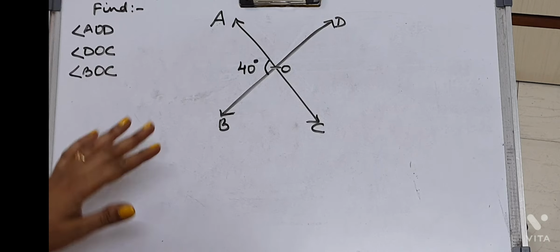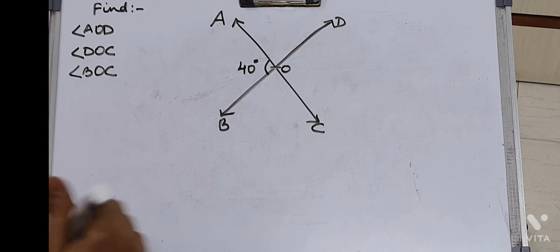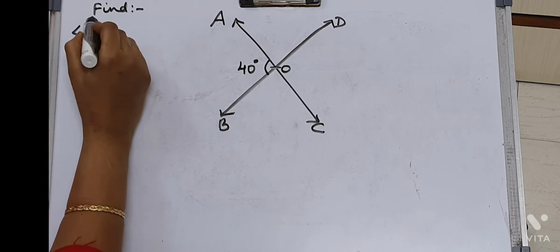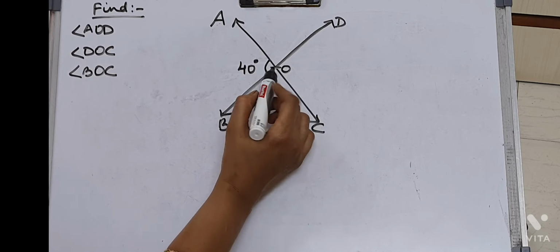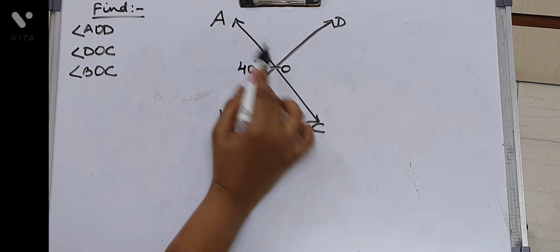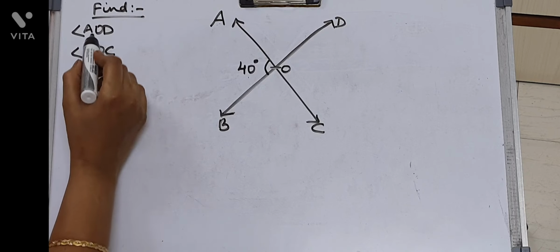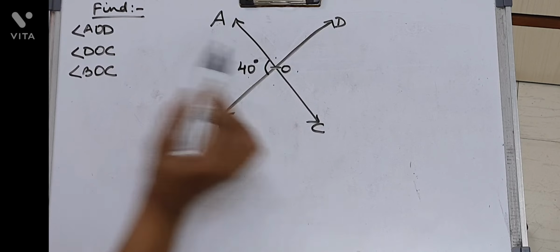Now let's start with a very simple question. In this I have taken both properties, the vertically opposite angle property and the adjacent angle property. What we have to find here is: two straight lines AC and BD intersect at a point O. Angle AOB is given as 40 degrees. Now we have to find angle AOD, and the remaining angles DOC and BOC.